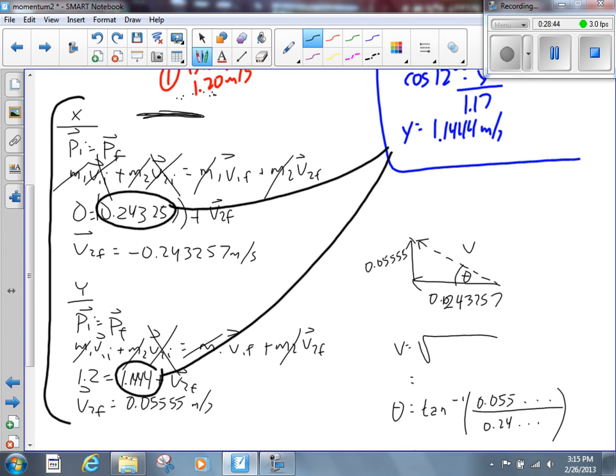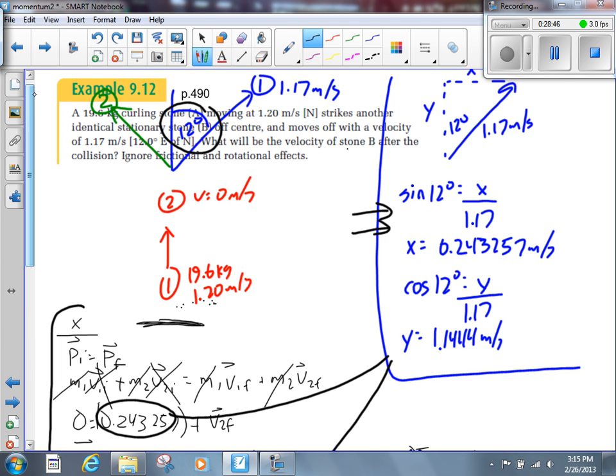Understand why we got rid of that funny angle, 12 degrees, and turned it into two other vectors, 0.24 and 1.14 meters per second. If you understand why that's the case, you will get every single one of these questions that get thrown at you. Try to memorize it, you'll get some of them, but not all of them. Does that make sense?